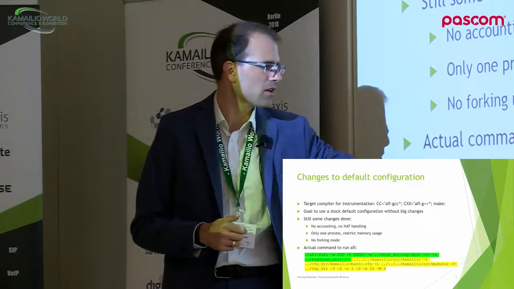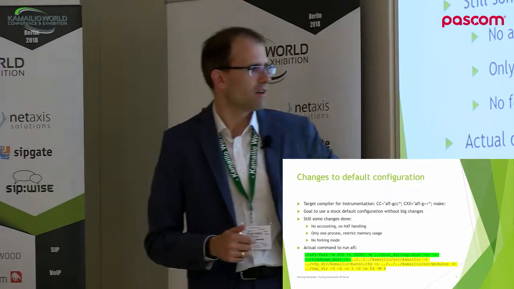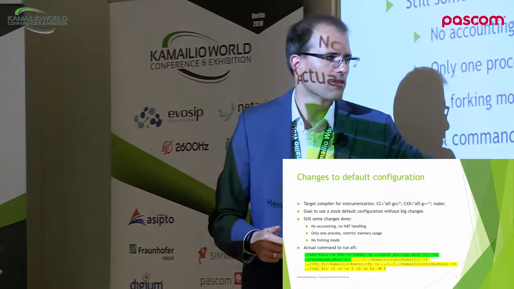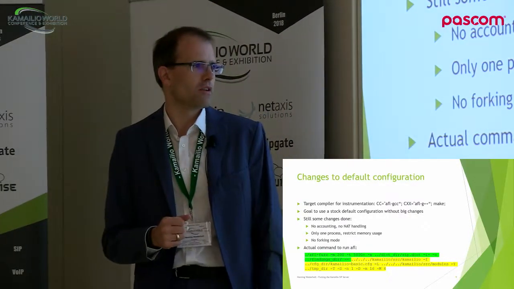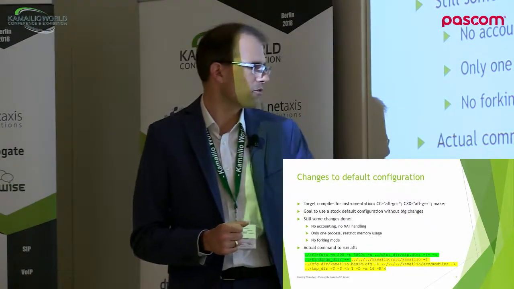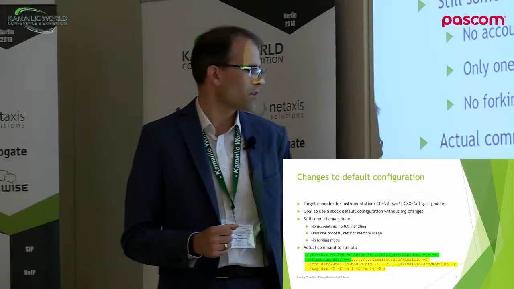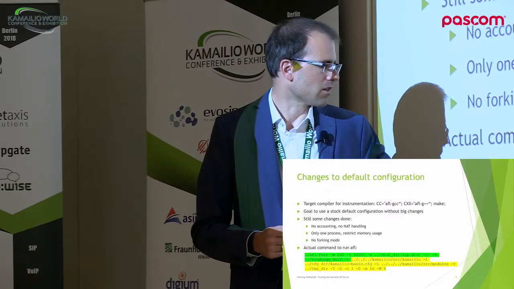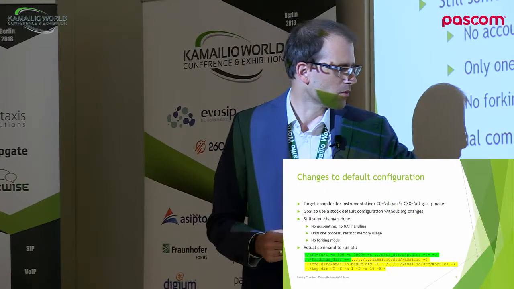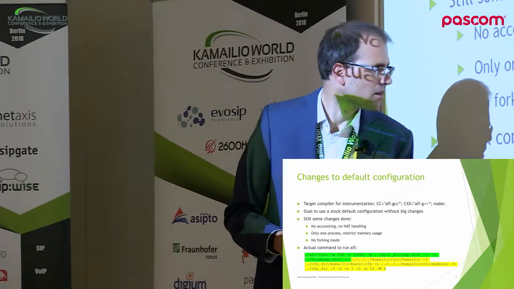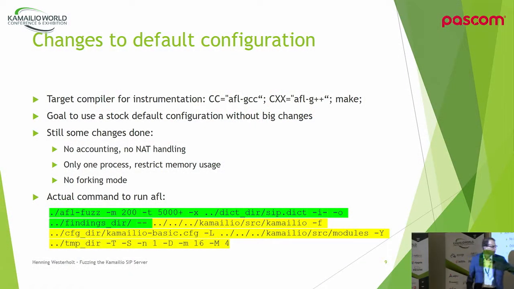You will have some directory where it puts all the findings, and then the yellow part here is just a more or less standard Kamailio start command with a configuration file, modules, some temp directory, and then, I think, without TCP and just one number of children and a no-forking daemon mode, and some other small shared and private memory.